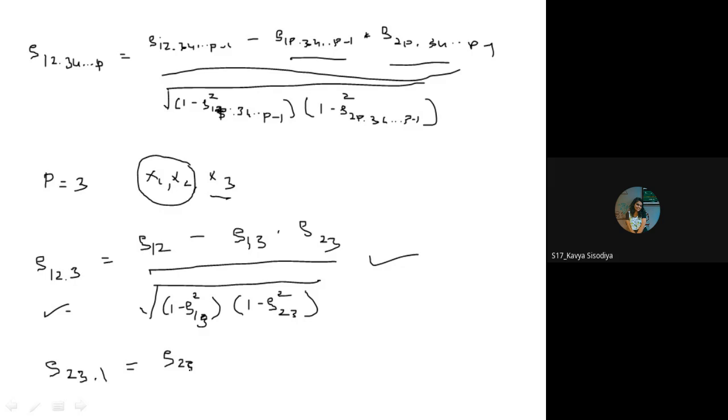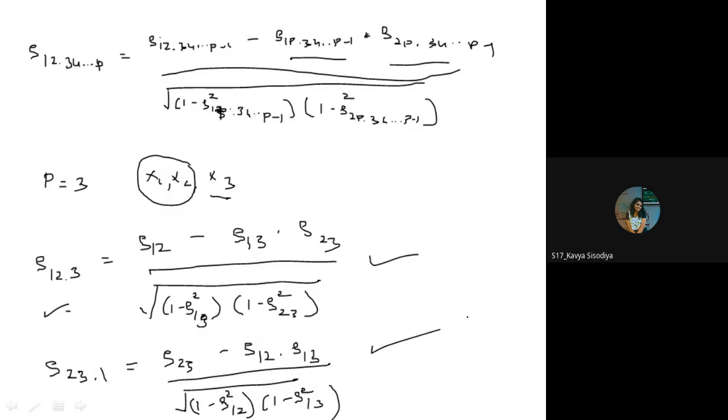Rho 23 minus rho 21, that is rho 12, into rho 31, meaning rho 13, divided by the square root of 1 minus rho 12 square into 1 minus rho 13 square. So you can make the formula as per your requirement.